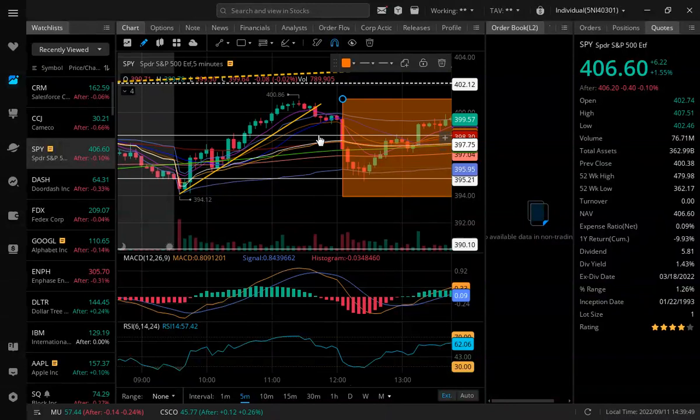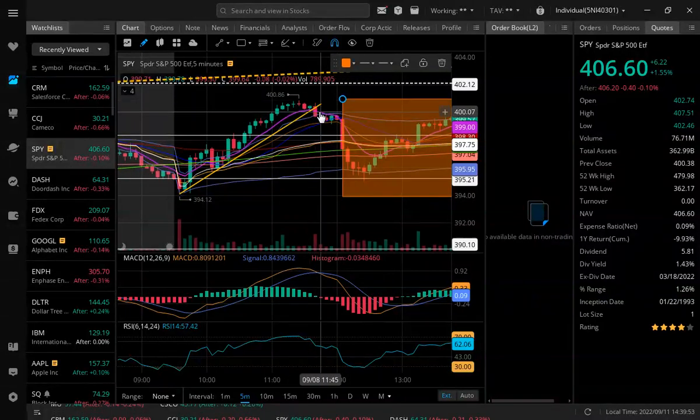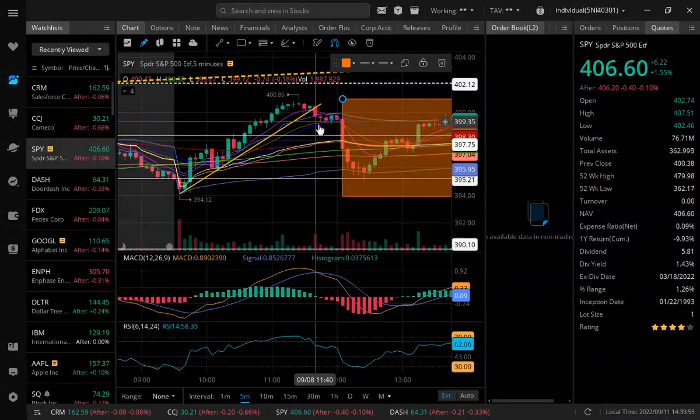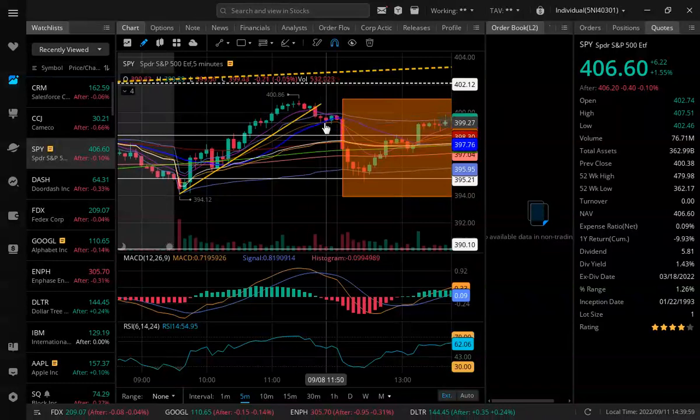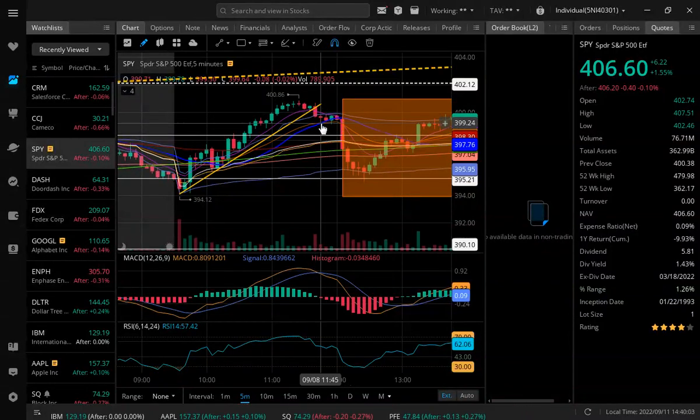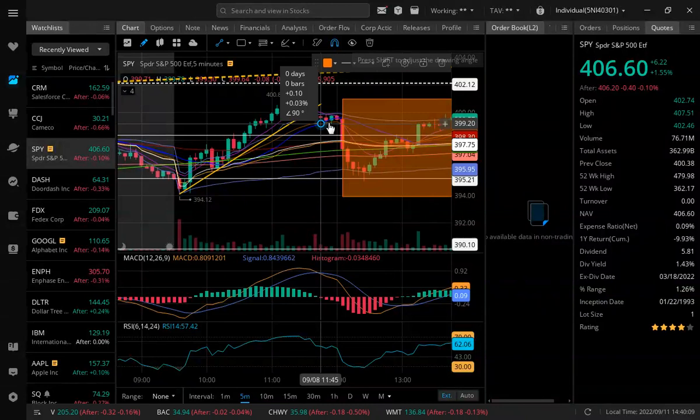All right, now say you didn't take this break of the trend line. You wanted more confirmation, or you just missed it. We can see as this is consolidating here, it's actually forming a bear flag. So if we draw our lines here, we see what it's actually forming.